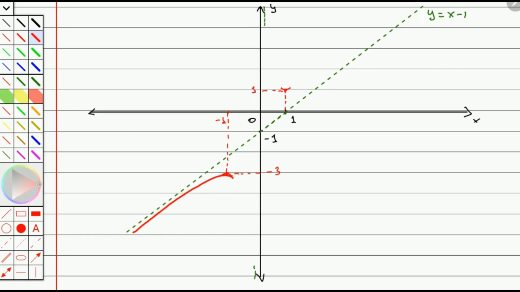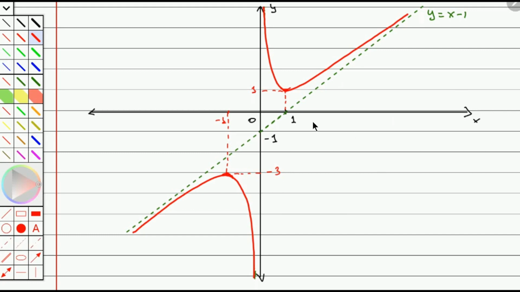We go to the maximum, and then from there asymptotically to negative infinity. And for the other branch, we come asymptotically from positive infinity to the minimum. And then we continue asymptotically to the lateral, like so.